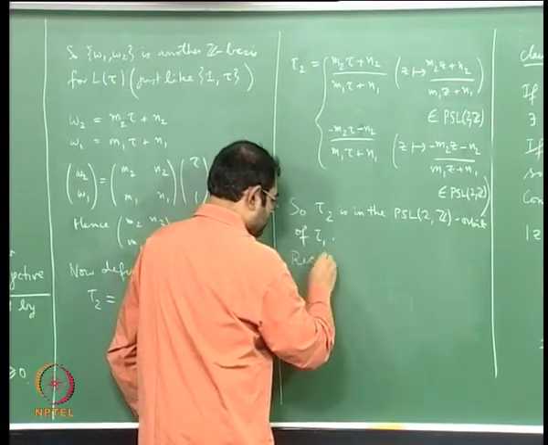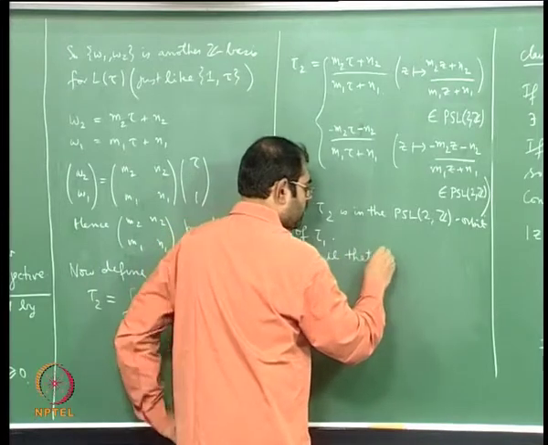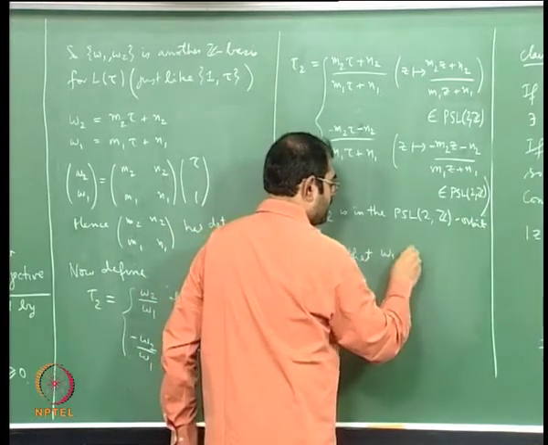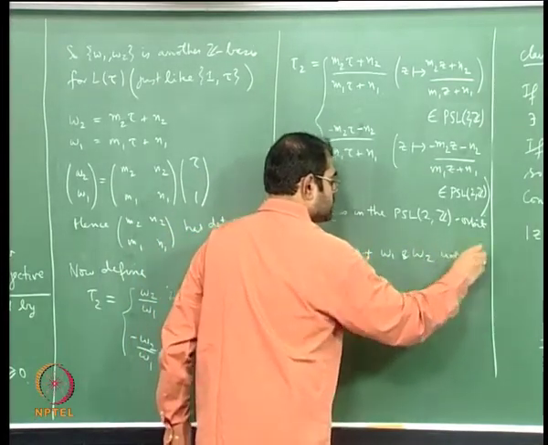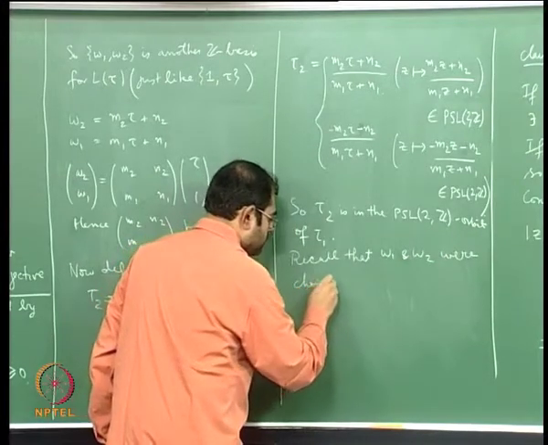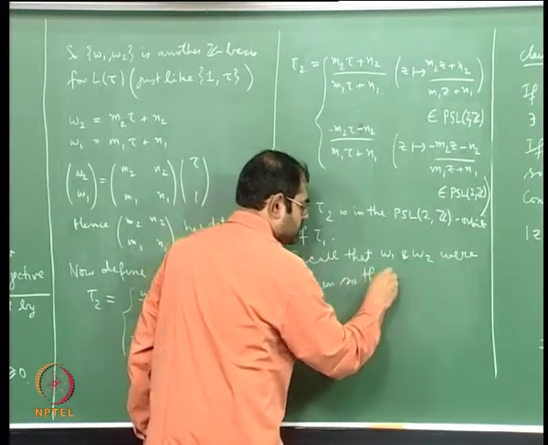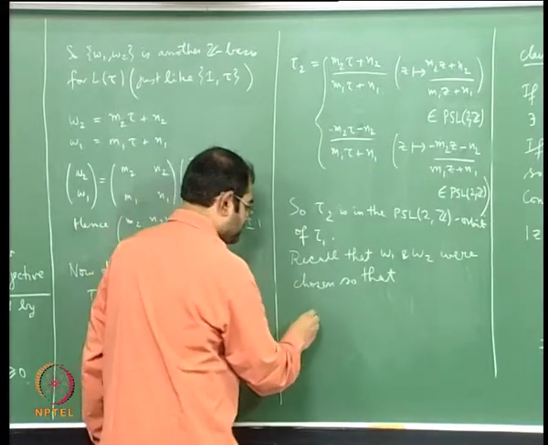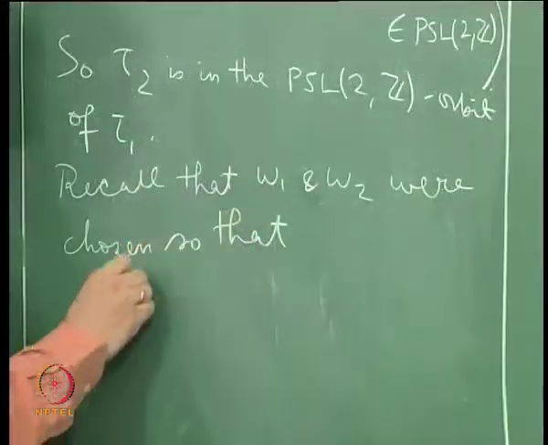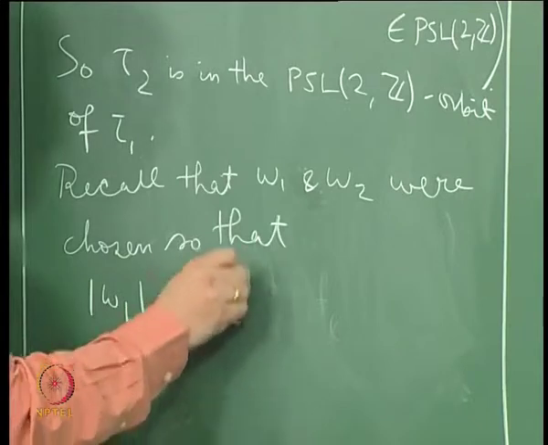Recall that omega 1 and omega 2 were chosen so that mod omega 1 is less than or equal to mod omega 2.